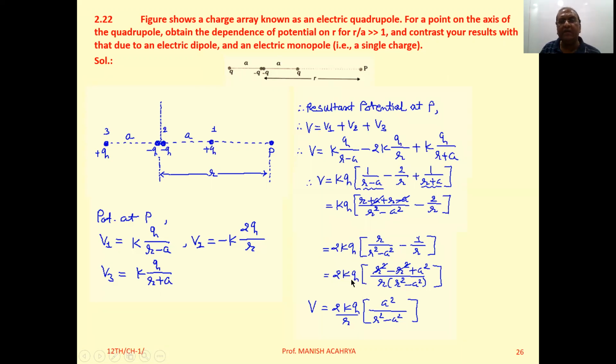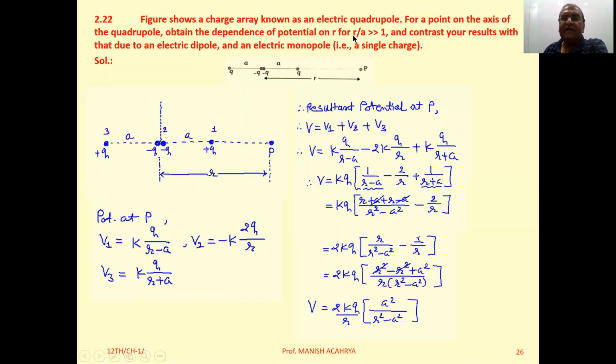So 2kq, r square minus r square plus a square upon r into r square minus a square. Again take this r from the denominator outside the bracket. So V is equal to 2kq upon r into bracket a square upon r square minus a square. Clear up to this one?